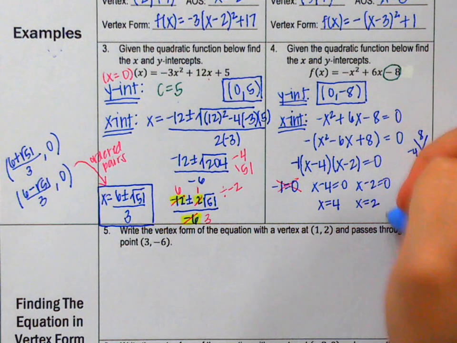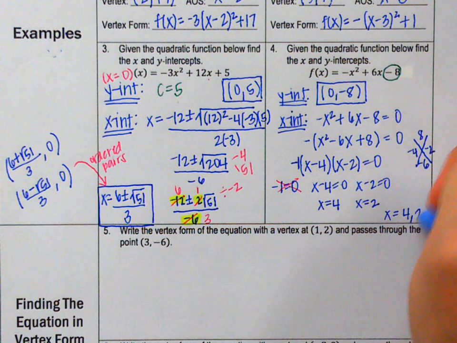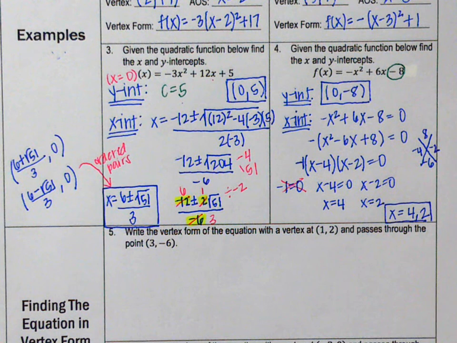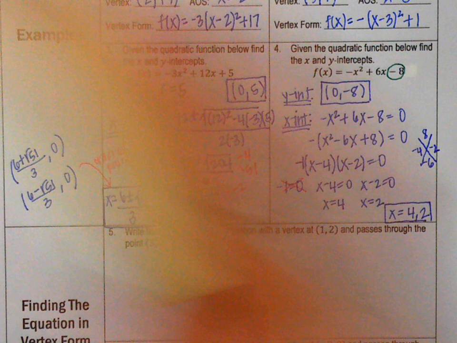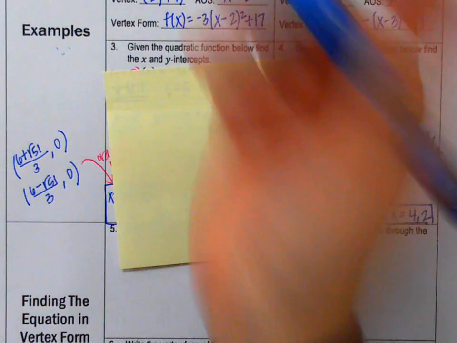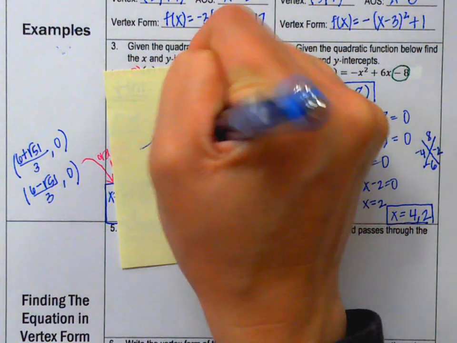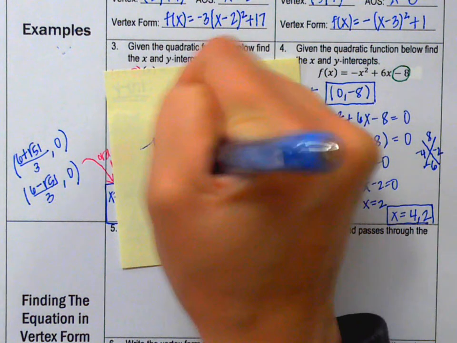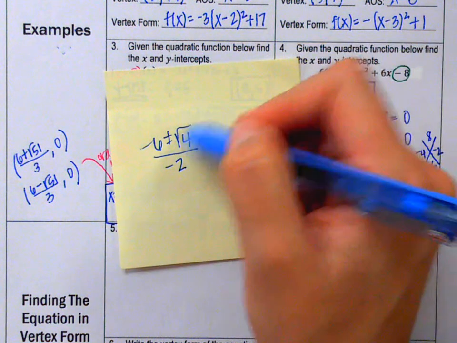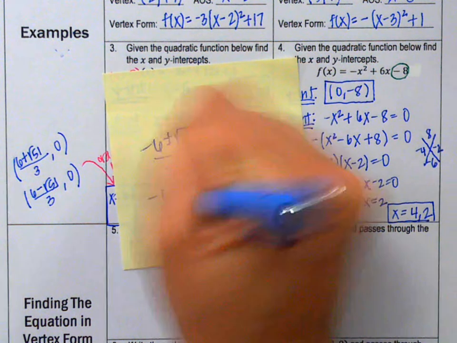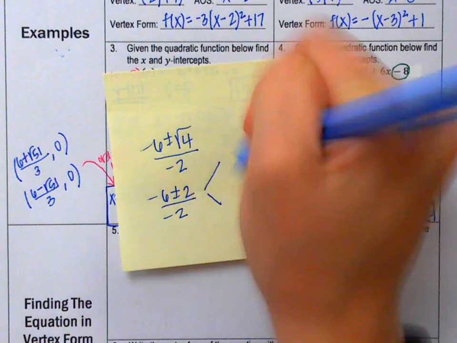Now, like I said, you should get these values if you use the quadratic formula. If you do it that way, you'd get negative 6 plus or minus rad 4 all over negative 2. And the square root of 4, we know the square root of 4. So we have negative 6 plus or minus 2 over negative 2. And you have to then continue solving.